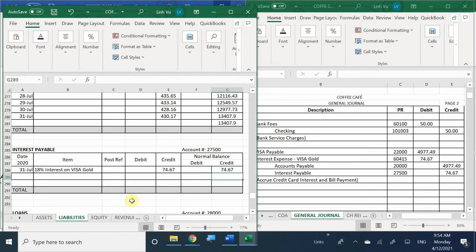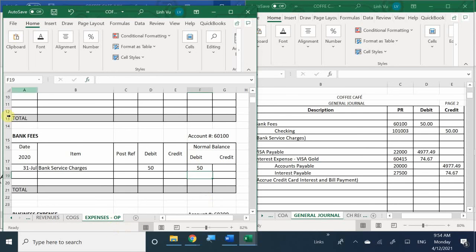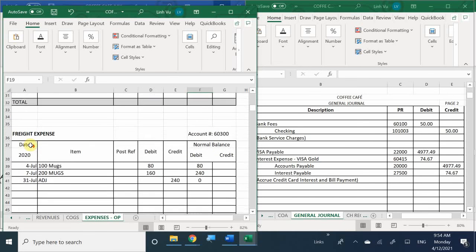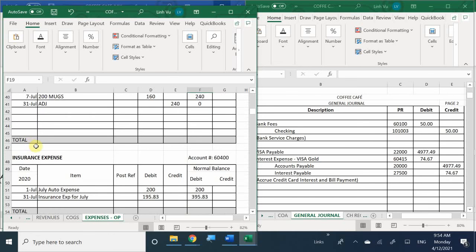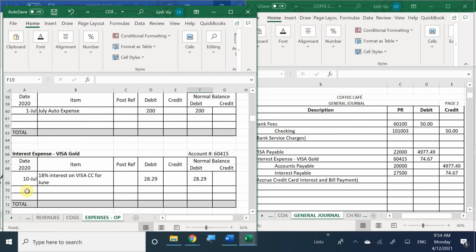Okay. And last but not least, I'm going to go to my expenses and I'm going to accrue that under my interest expense, Visa Gold.